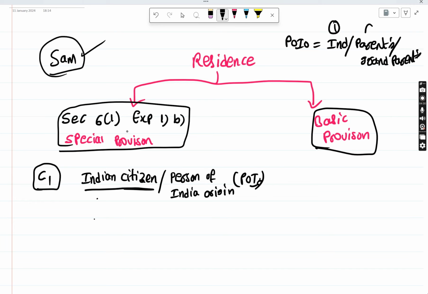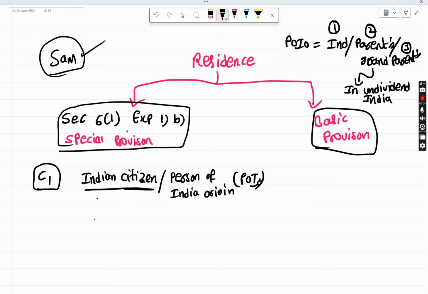either the individual or his parents or his grandparents, born in undivided India. You know what undivided India is, right? Then that person will be called a person of Indian origin. That means when India, Pakistan, Bangladesh, everything was together.